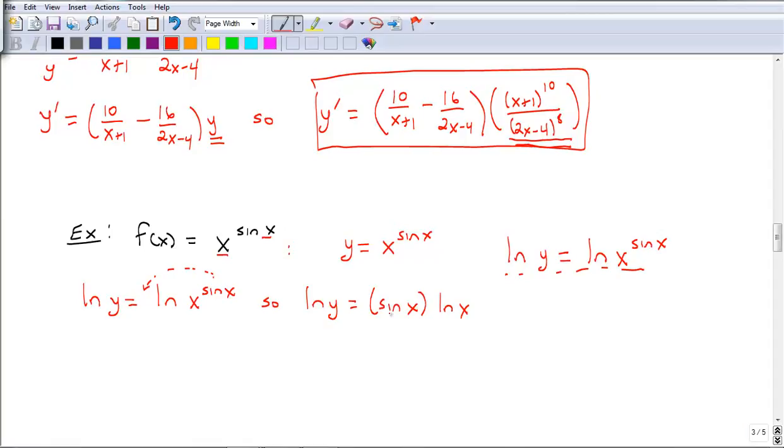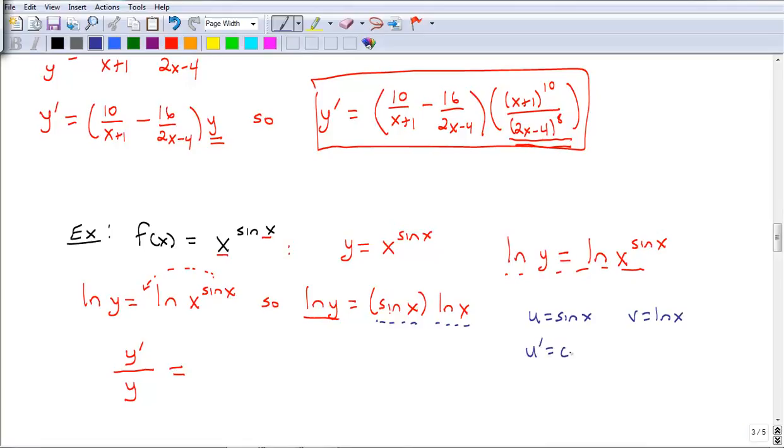But now I'm going to find the derivative. On the left side, the natural log of y, when I take the derivative, y, the argument, goes on the bottom. The derivative of the argument, y prime, goes on top. When I take the derivative of the right side, I have to use the product rule, because I'm multiplying two functions of x together. u is the sine of x, v is the natural log of x.